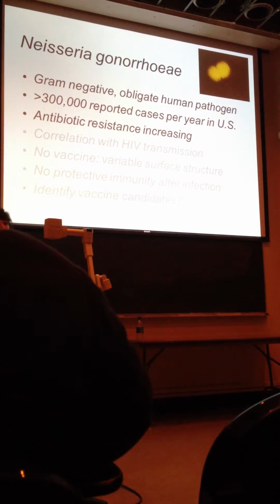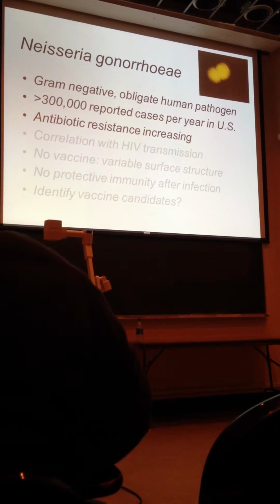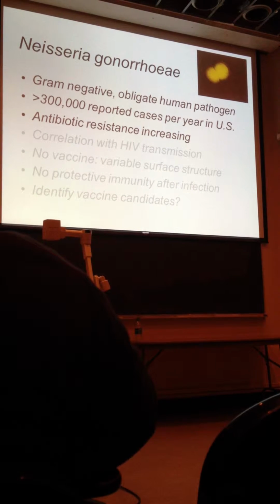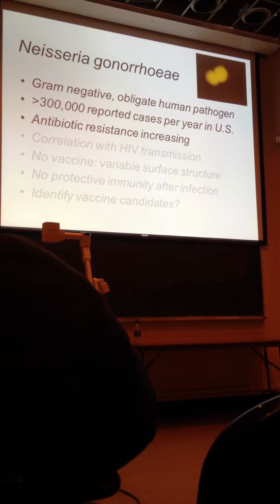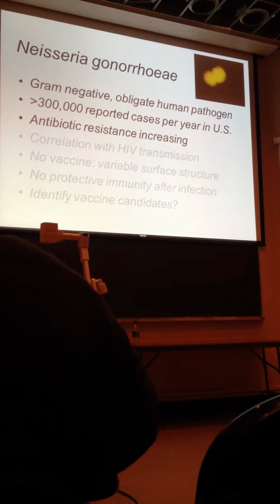So why Neisseria gonorrhea? What I hope you will take away from this presentation is why this bug is re-emerging as an important pathogen. It's a gram-negative organism, and it's an obligate human pathogen. It doesn't infect any other animals. It's exclusive to humans.